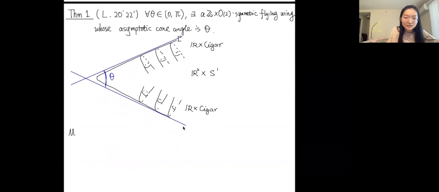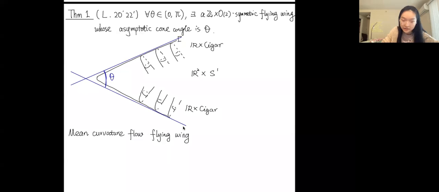Okay. So next, let us briefly compare these results on static solitons to mean curvature flow solitons, although they have different names there. In mean curvature flow, there's also something called the flying wing. That's defined as follows: a convex translating graph.